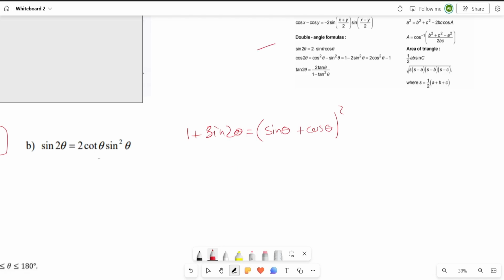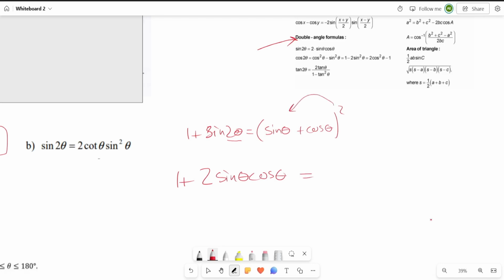So I will look at my double angle identities. I will find that sine 2 theta is equal to 2 sine theta cosine theta. So let's rewrite sine 2 theta as 2 sine theta cosine theta, and this reduced from a double angle to a single angle, kind of.